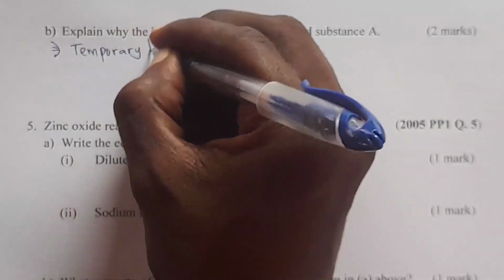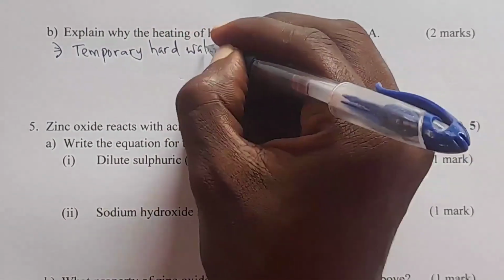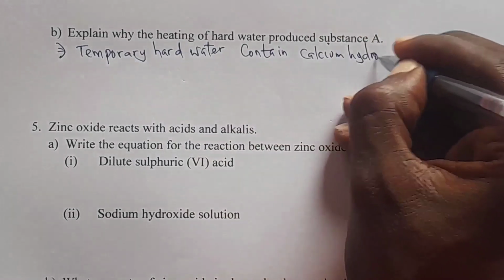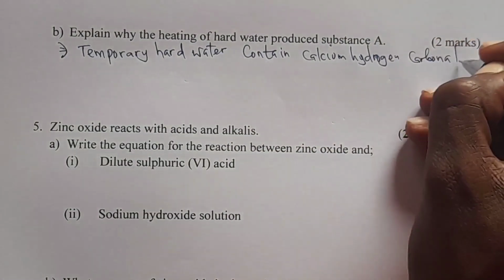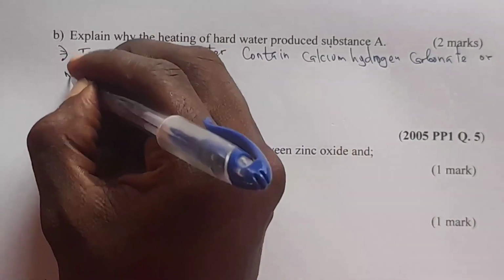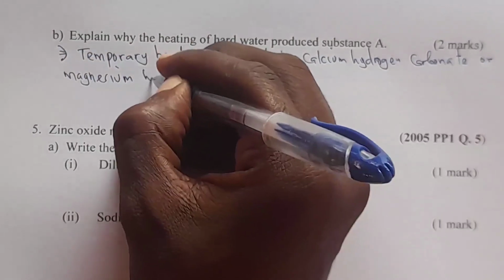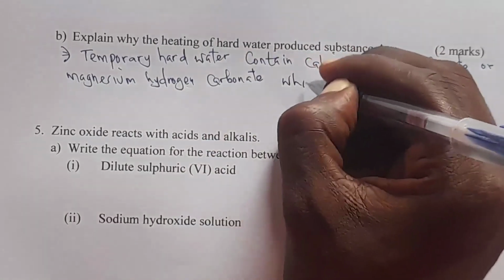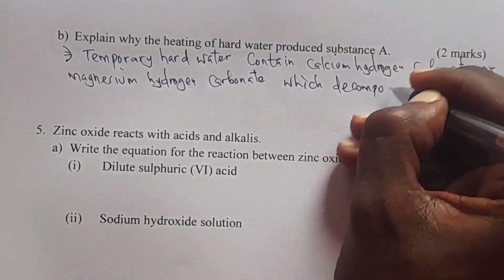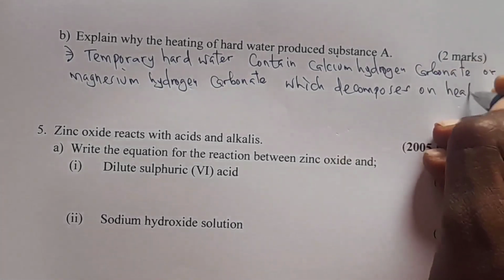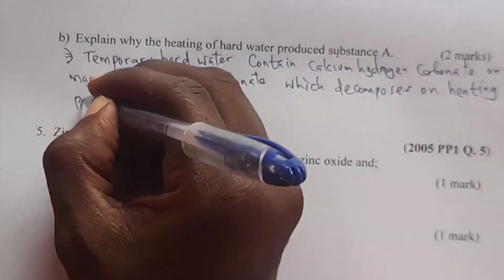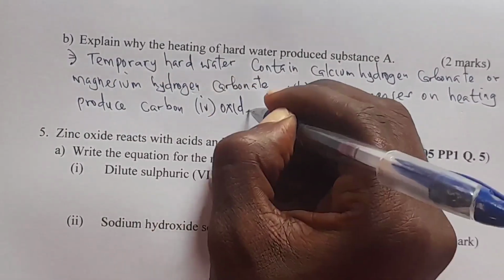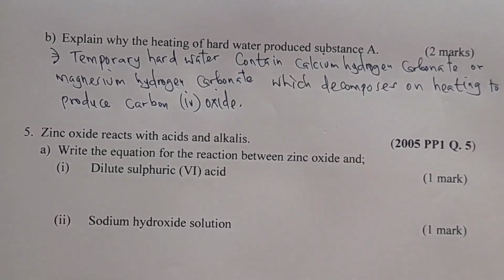Temporary hard water contains calcium hydrogen carbonate or magnesium hydrogen carbonate, which decomposes on heating to produce carbon dioxide, which is the substance A. Okay, we are done with that question.